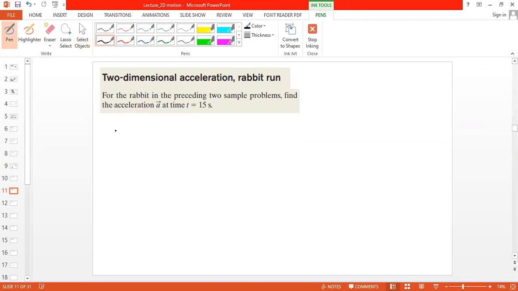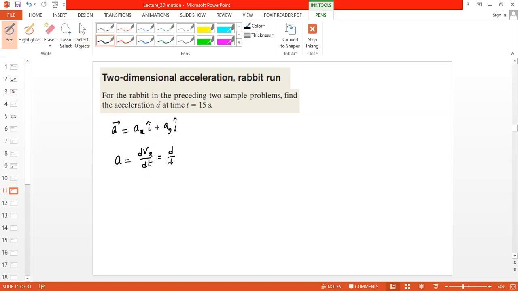So now for that rabbit, we know acceleration is equal to a_x i plus a_y j, right? And acceleration is basically dv_x over dt.